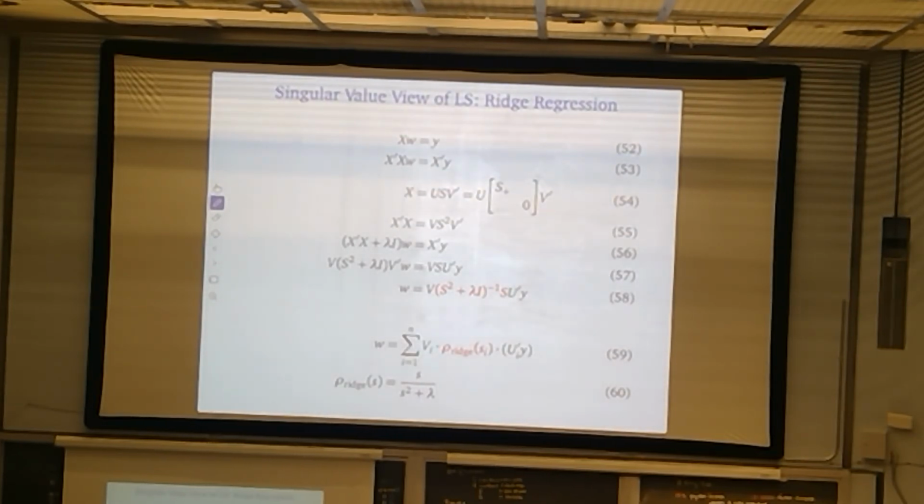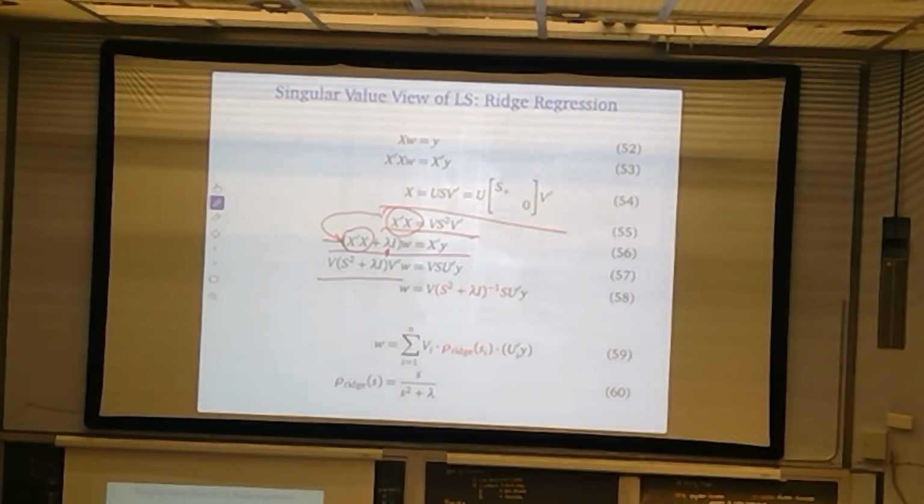Ridge regression. Again, I have this. This is my data X. For ridge regression, I go for the covariance, so I multiply X transpose X, and I get this. So I'm solving the covariance added with the prior term, and then I plug this in and use SVD to represent the covariance matrix.